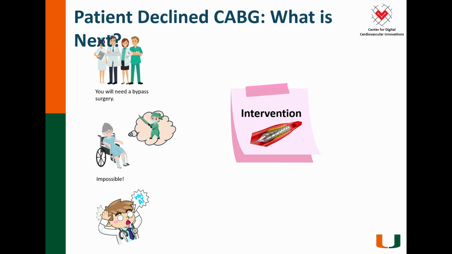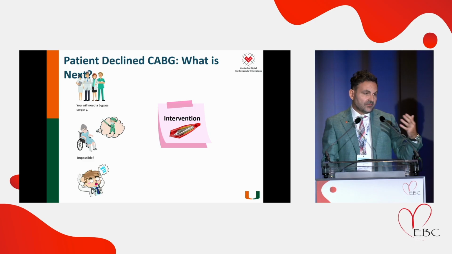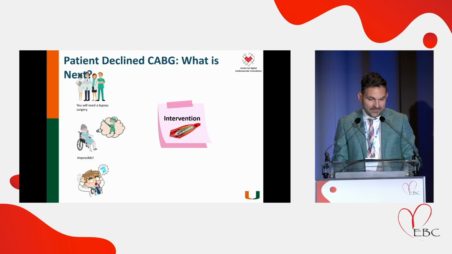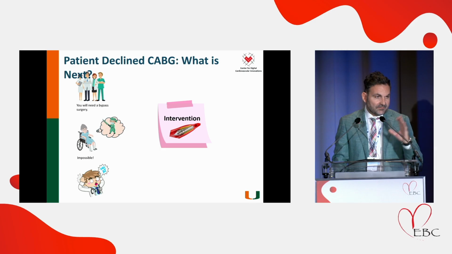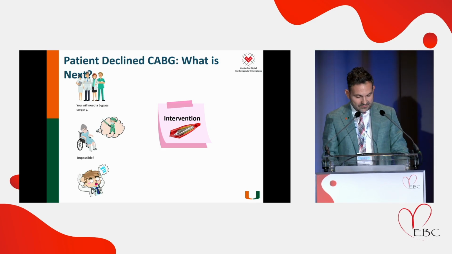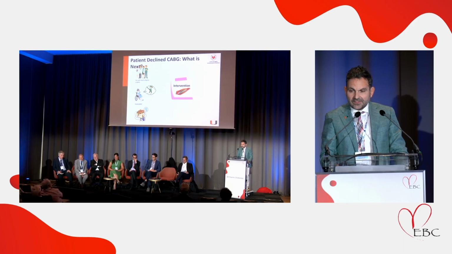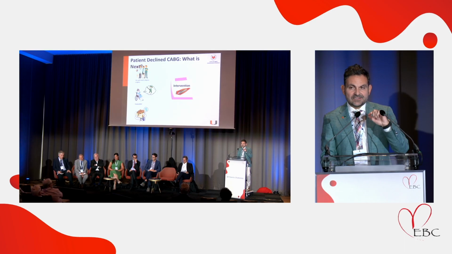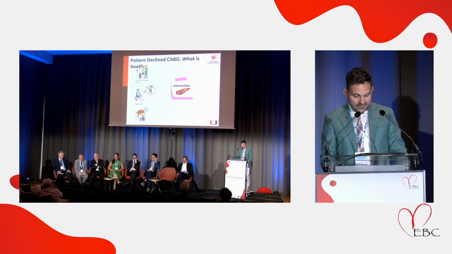Obviously, the patient was discussed with the surgeons, and of course, after balancing everything, the patient finally declined the surgical route. That was her preference. And now the ball comes to us to tackle this distal left main disease.